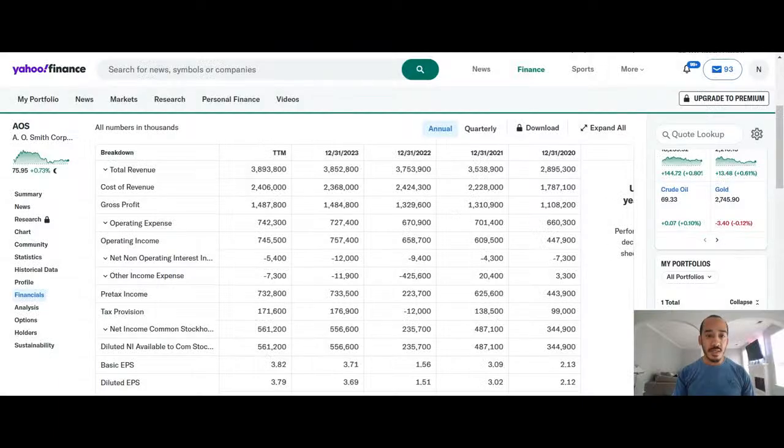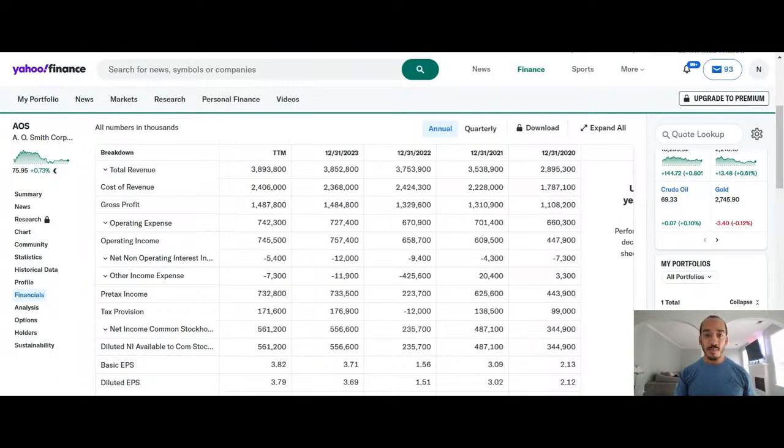Now, with the financials, you want to make sure that they're increasing profits. That's how you know, if you're expecting a stock to go up, you got to make sure that they are increasing profits. Let me make sure y'all can see what I'm seeing.